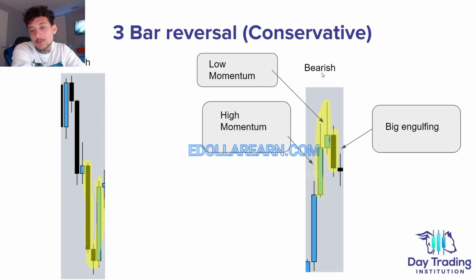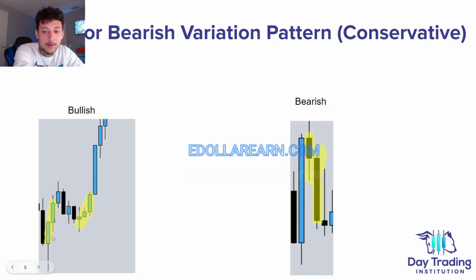And if we take a look at this bearish variation, typically a 3-bar reversal is going to consist of a high momentum candlestick such as this one, followed up by a low bullish momentum candlestick, then a big strong engulfing bearish candlestick. Notice the variation pattern, right?